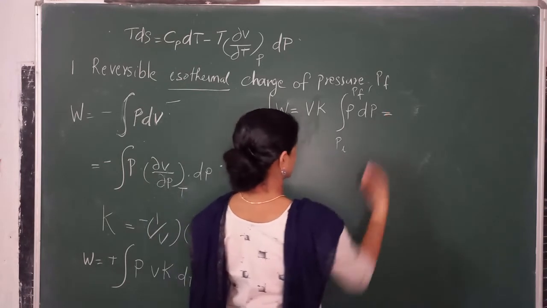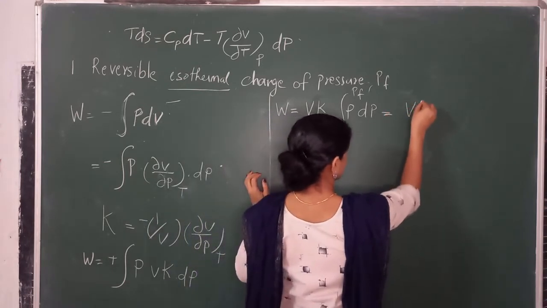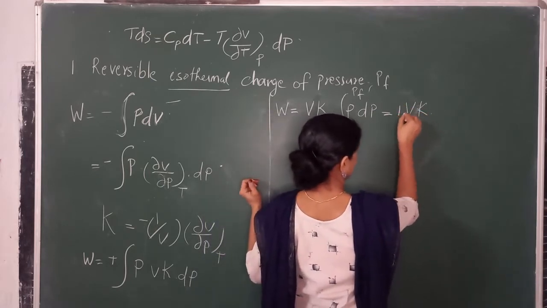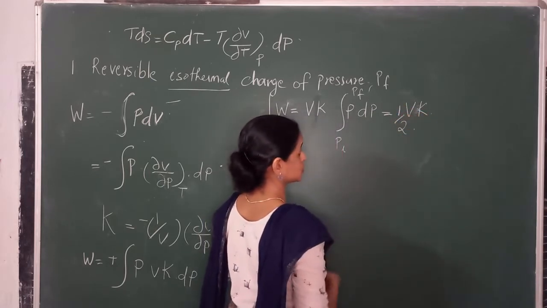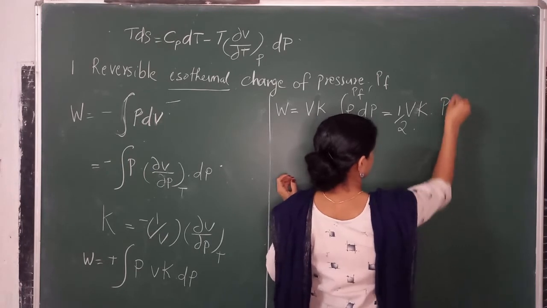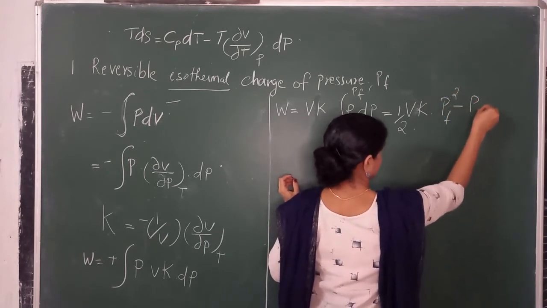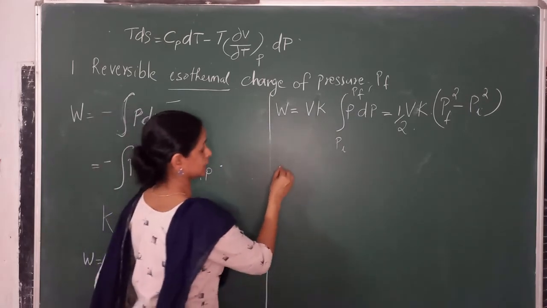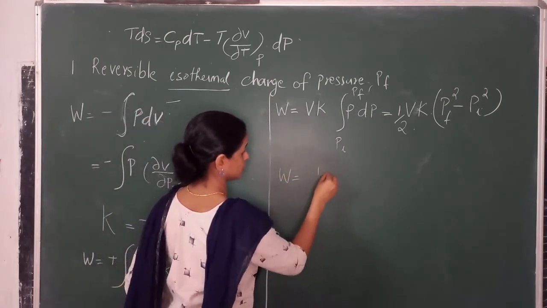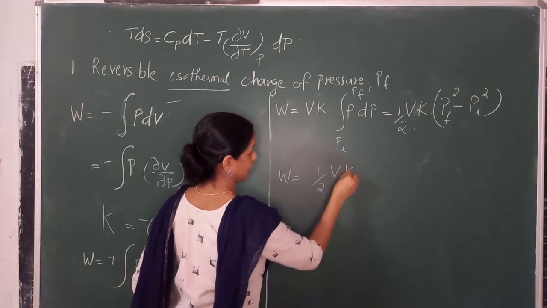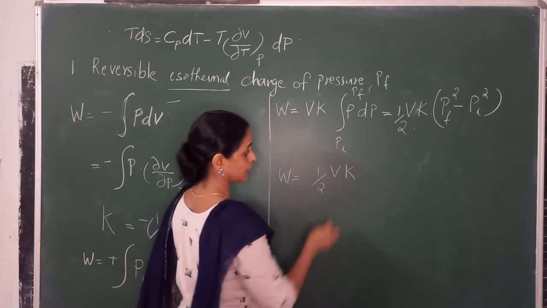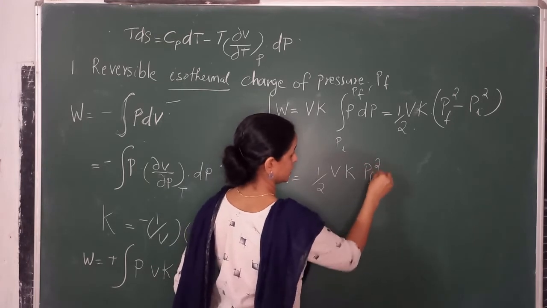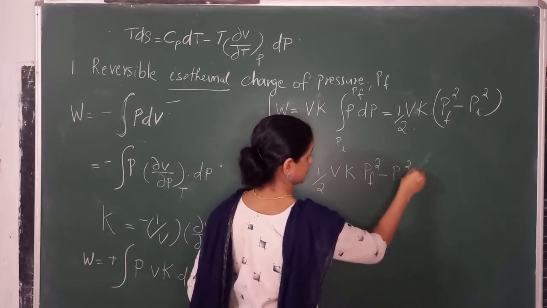This is equal to V K into P square by 2, that is 1 by 2 V K into Pf square minus Pi square. This is the work done, that is W is equal to 1 by 2 V K, K being the isothermal compressibility, into Pf square minus Pi square.